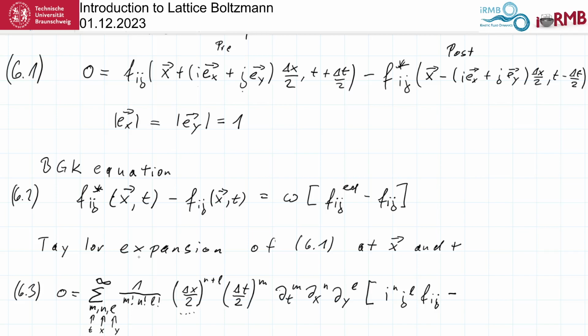So obviously this will now depend. We can simply write this is minus 1, it's minus e by the power of n, and it's minus j by the power of l.